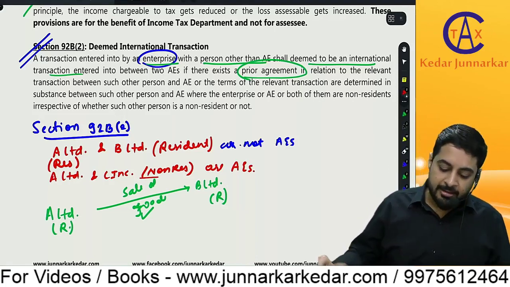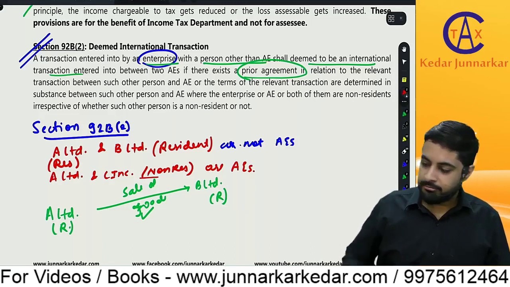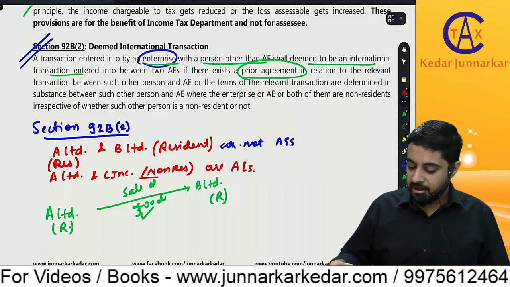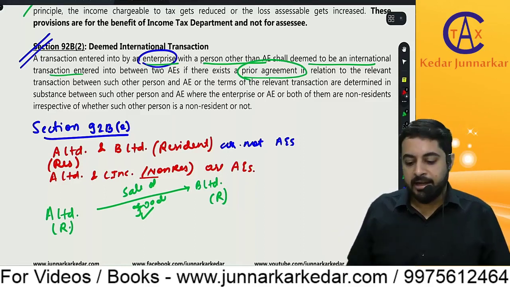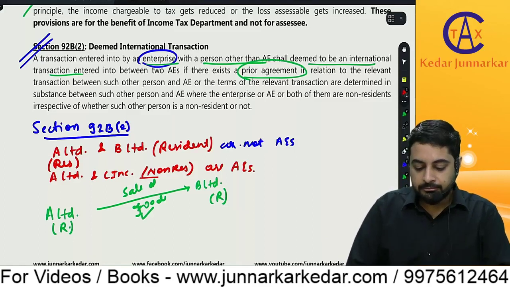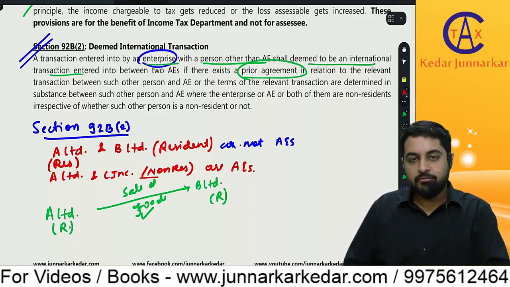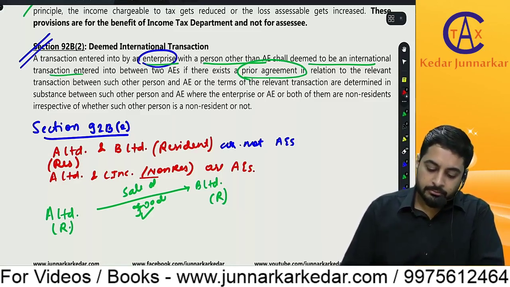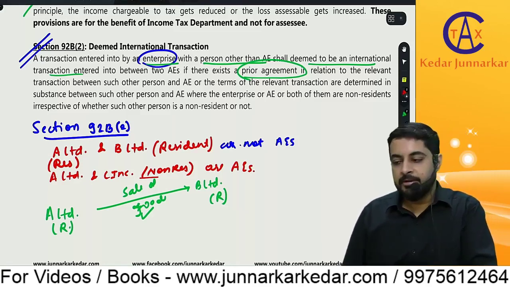So write down, if A Limited sells goods to C Inc., then provisions of transfer pricing will apply, and primary adjustment would be made to the income of A Limited.